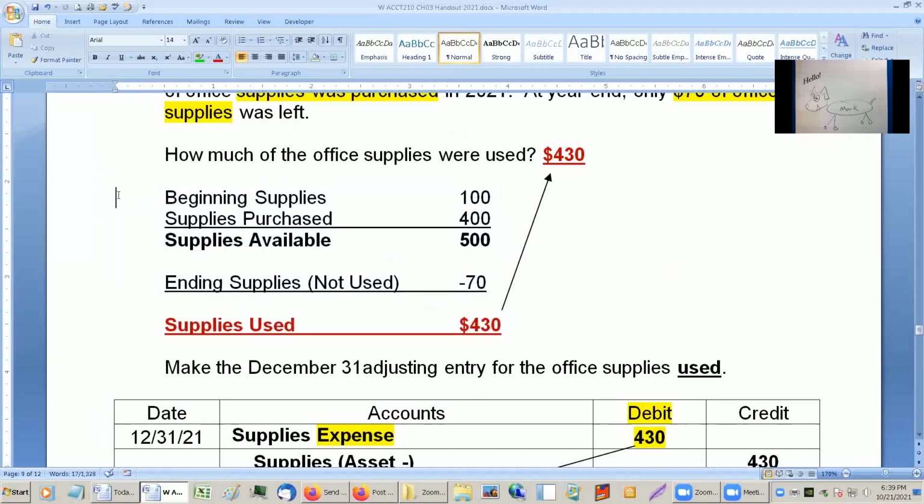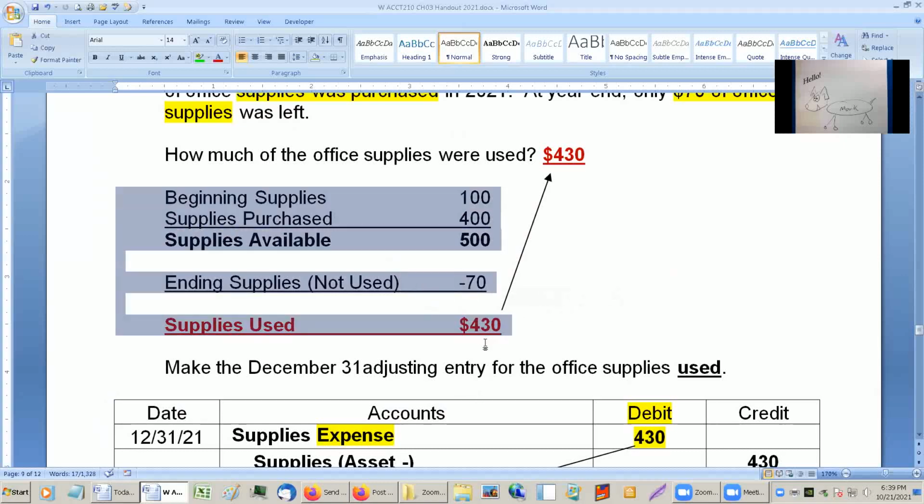Okay, so right now I'm going to teach you guys how to be lazy and cut and paste. It's an important skill to have.